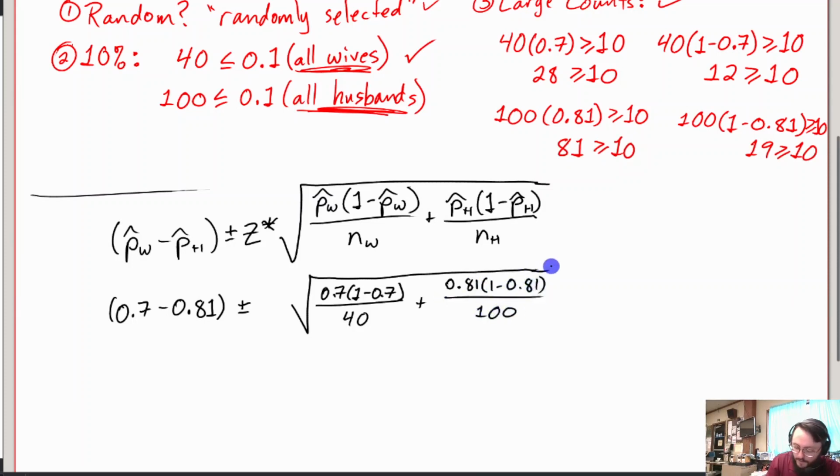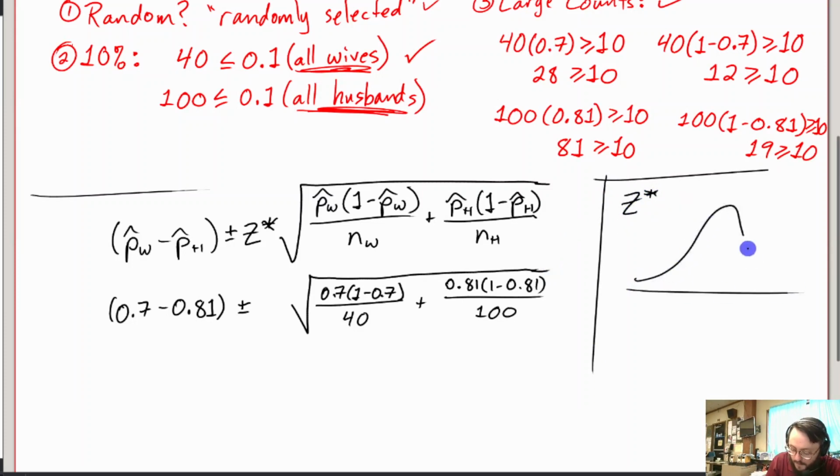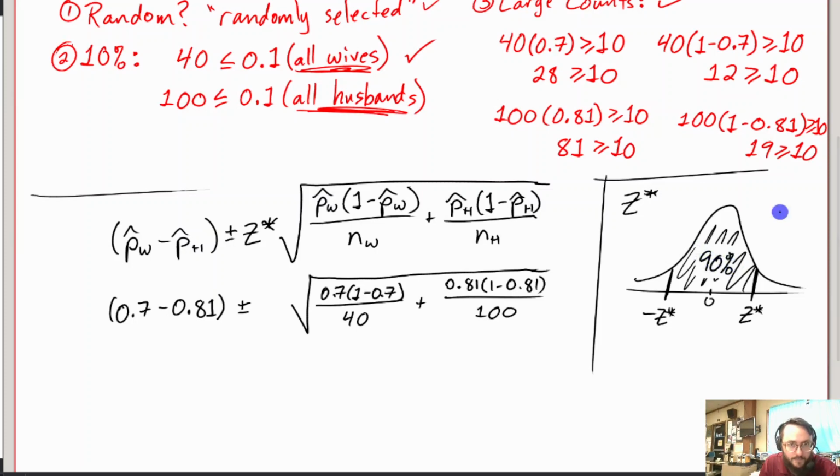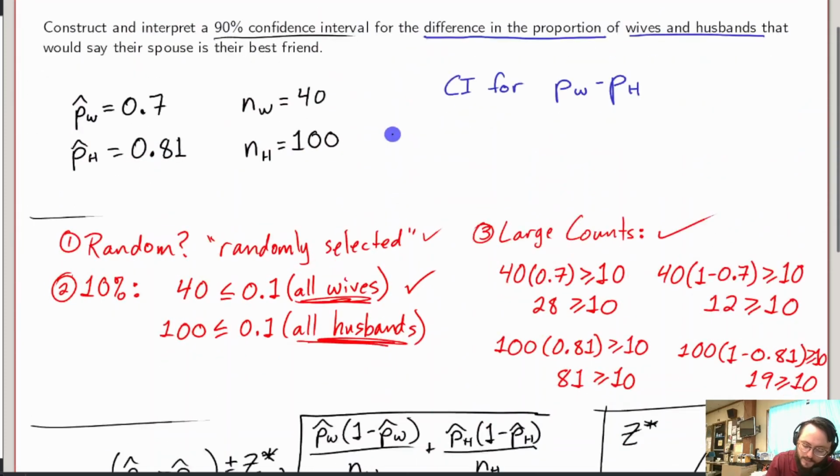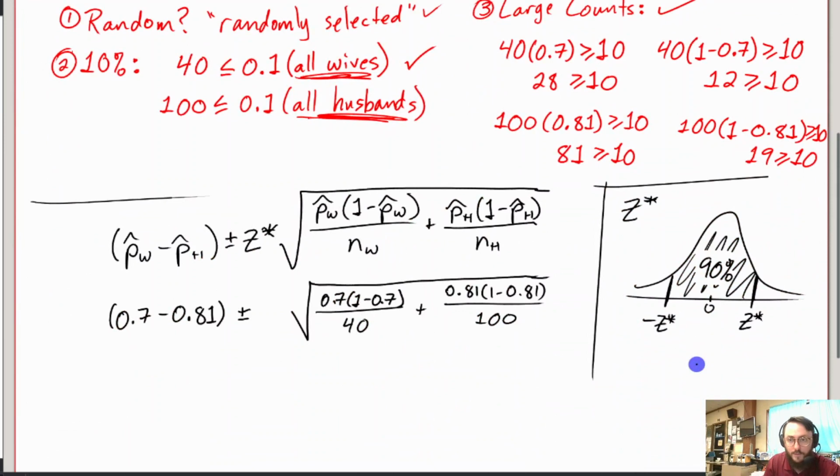Now our critical z, z star, is based off of the normal distribution where the center is 0. Here's z star, here's negative z star, and all in here is the middle, in this case 90%, because it said 90% confidence interval, so this is what we are looking for. There are a lot of ways of doing it.